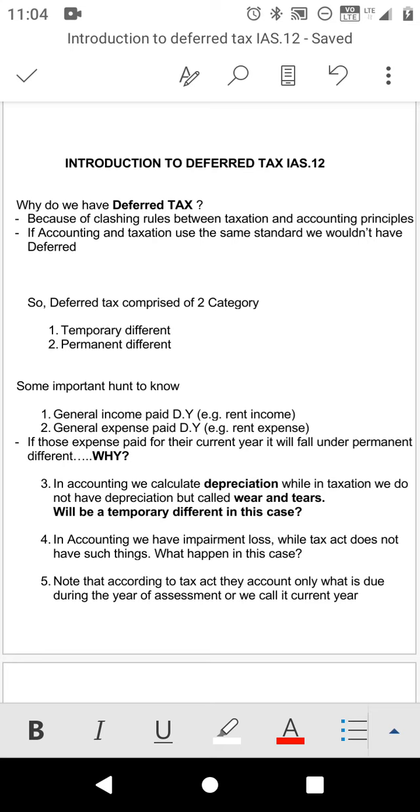The reason why we have deferred tax is because of clashing rules between the taxation and accounting principles.